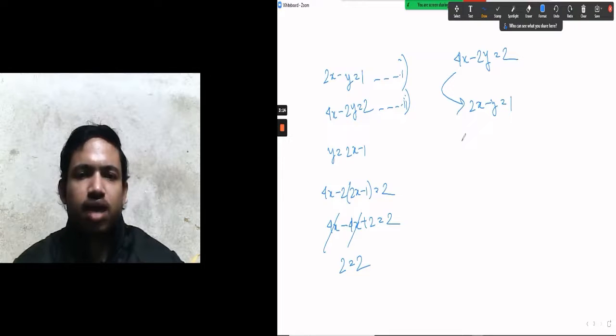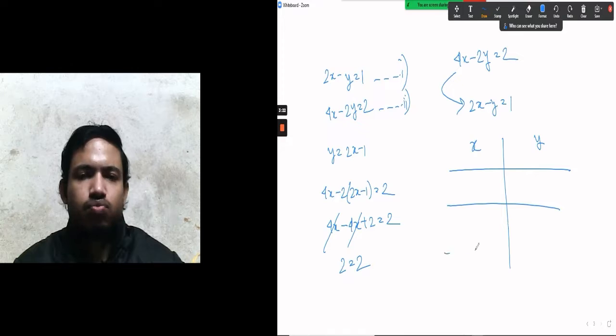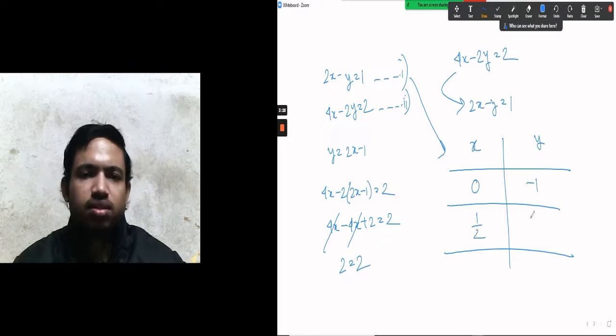Let's have a look at the graphical method. For the first equation, putting x equals 0, we get y equals minus 1, and for x equals half, we get y equals 0.